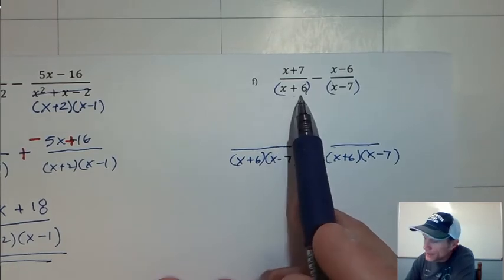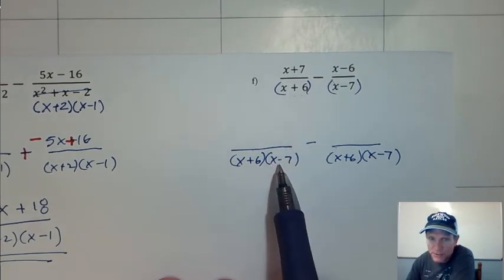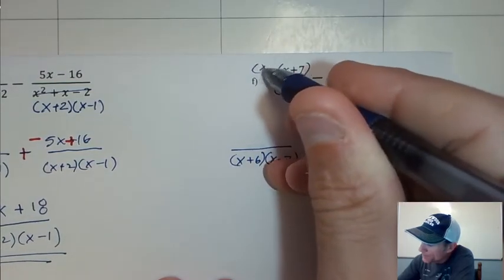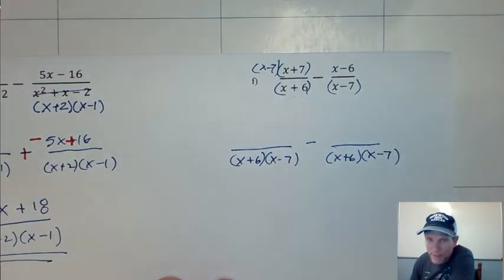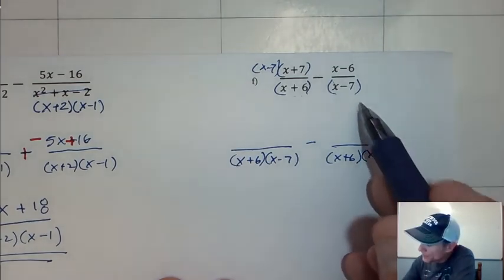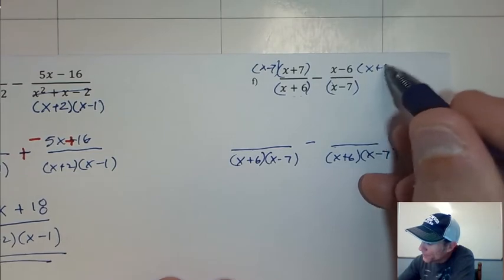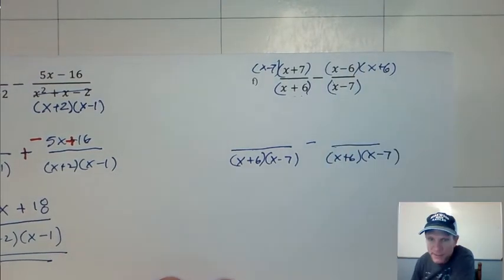This one had the x plus 6, so the new piece is x minus 7. So I'm going to write that up next to this, kind of cram it in there. And the new piece on this fraction on the right side is x plus 6. So I have to multiply by x plus 6.